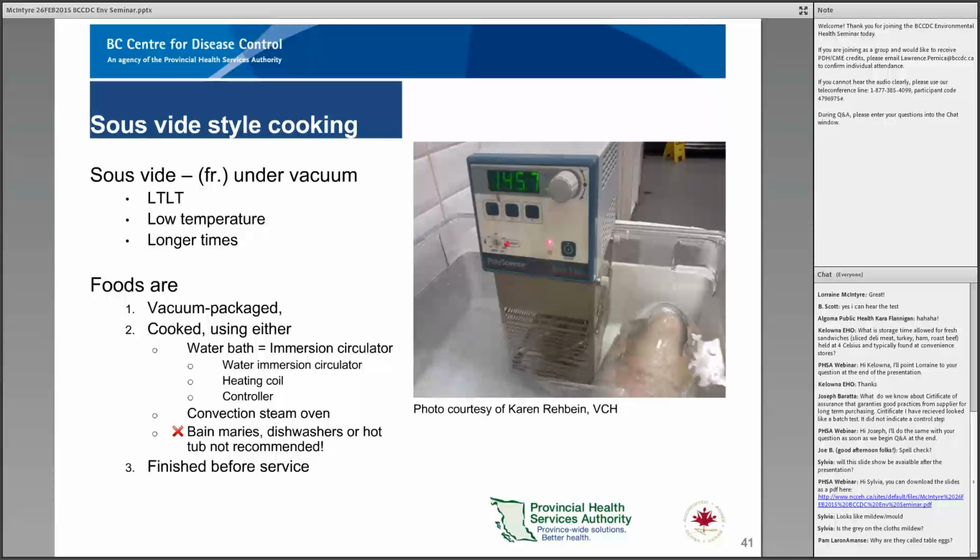And also it's traditionally been used in catering services where they can prepare large batches of food and then just do a heat and serve for immediate service. Often the foods are depackaged and finished or grilled or seared, but within sous vide cooking, we want to achieve our pathogen reduction while the food is immersed in the water.